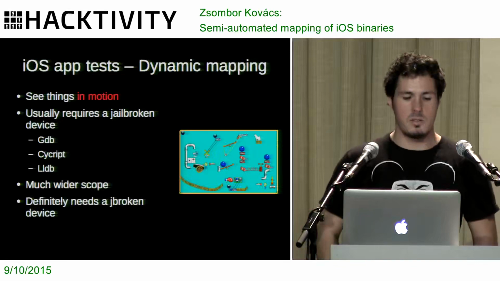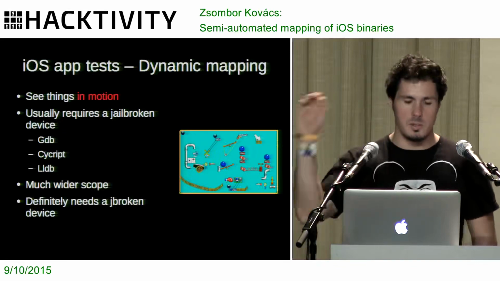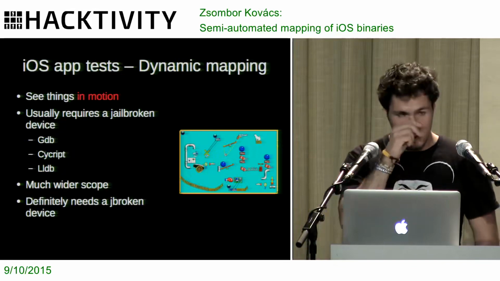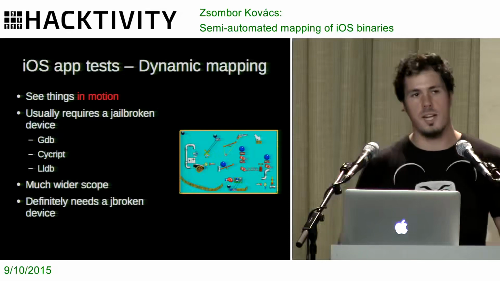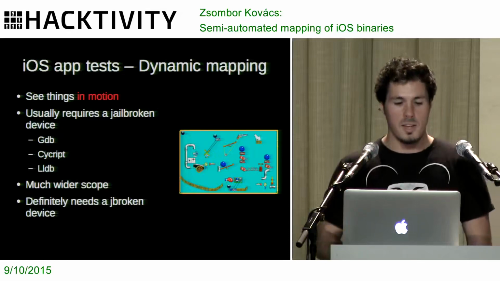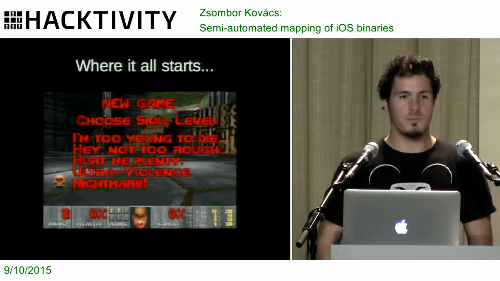We usually use some kind of debugger, which is like a pin and a needle to stick within the app. And this, by the end of the day, gives you a much better understanding of what's within the binary. And this is where the nightmare begins.